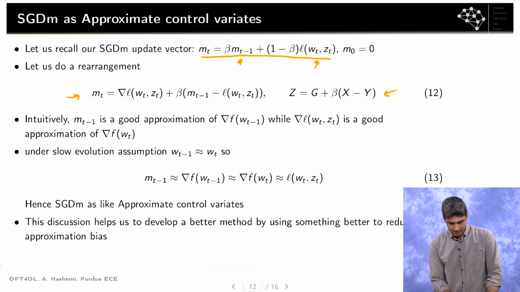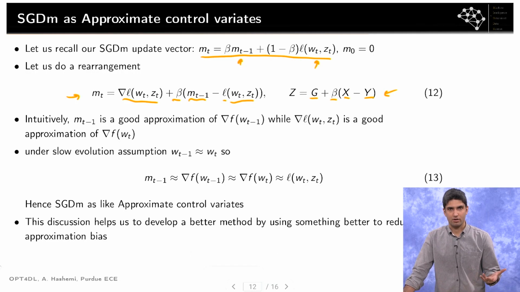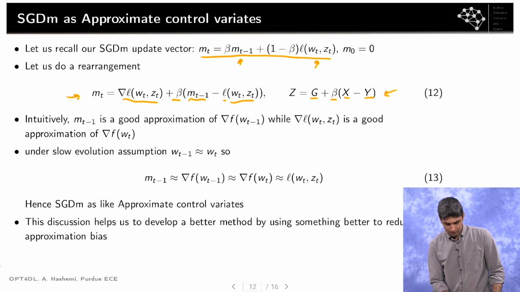I have an unbiased estimator of my true quantity, which is the true gradient, some parameter beta, and then I have x, which is the previous momentum, minus y, which is the current gradient. So x and y. Naturally, as we talked about before, m has some bias. It is not an unbiased estimator of the true gradient at w_t at time t. So therefore, there will be some bias here.